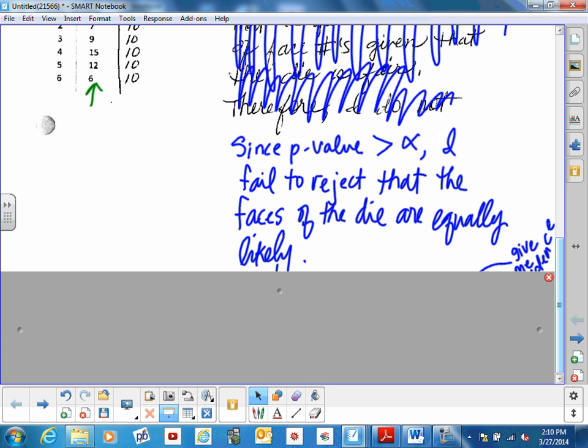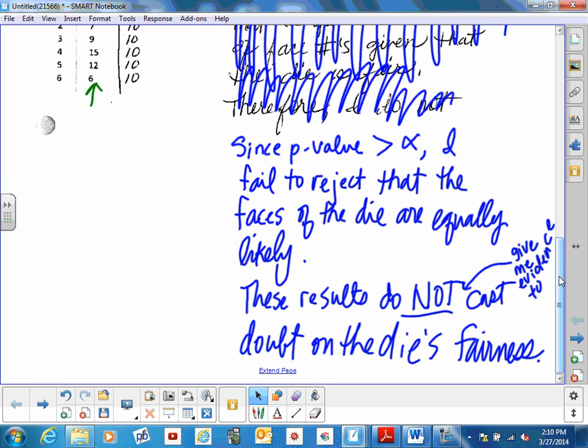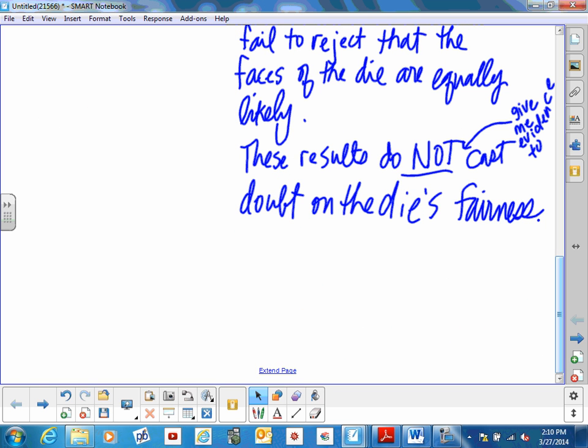We don't have evidence to reject its fairness, so I don't have statistical evidence to doubt its fairness. So that kind of statement would look like this. These results do not give evidence of, and a lot of people like that phrasing, so these results do not give me evidence to cast doubt on the die's fairness. I did not have evidence to say that it is a messed up die.